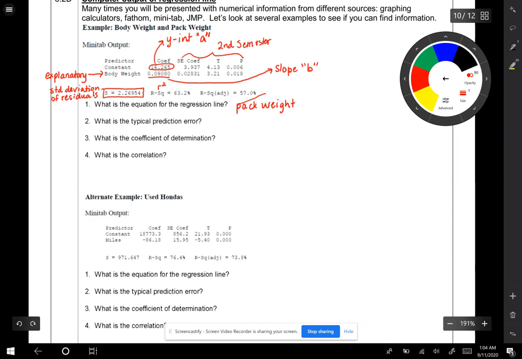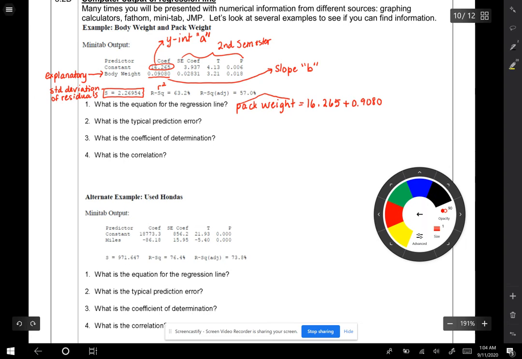So make sure you show that it's predicted by putting a hat over that, is equal to the y-intercept, so 16.265, plus the slope, which is 0.9080, times the explanatory variable, which is body weight. And so that basically takes care of it in context.